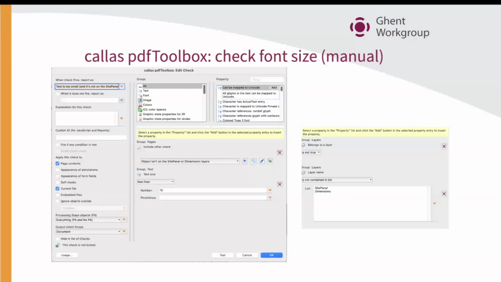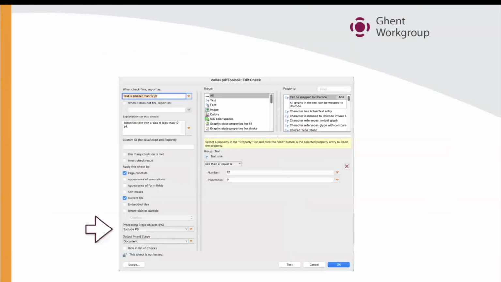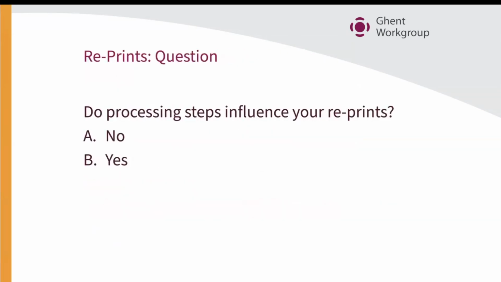So instead of a multi-level check setup, it becomes a single additional check you enable saying exclude processing steps objects, and you will have something that ignores all the text that is not relevant for your print content.